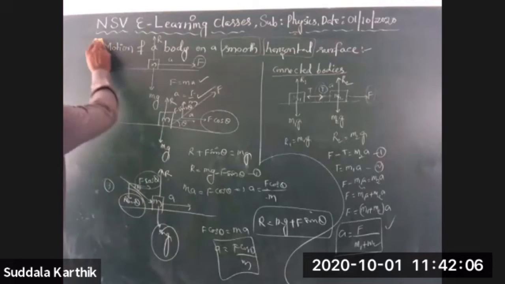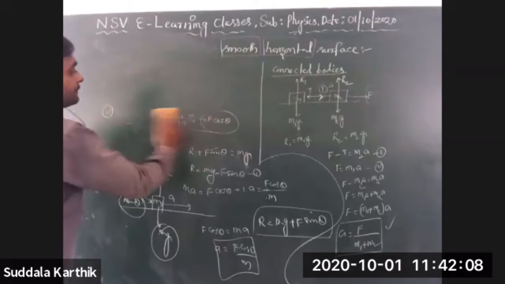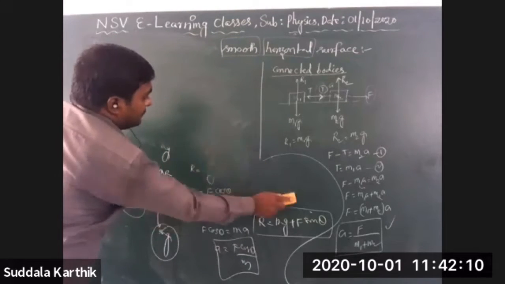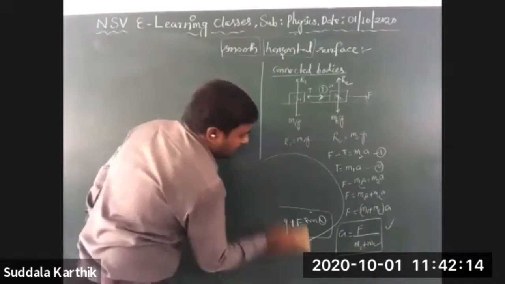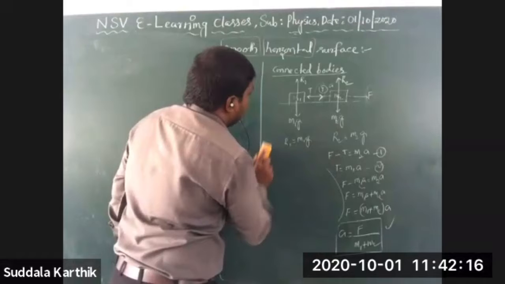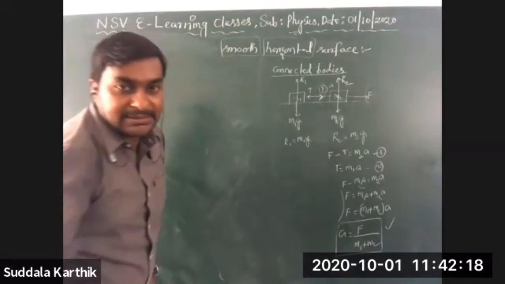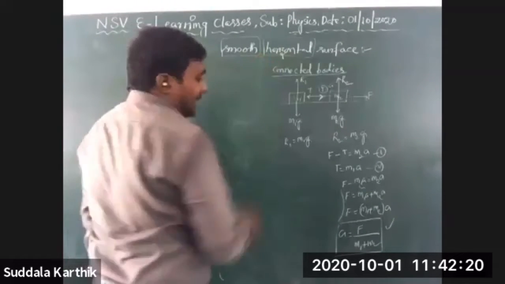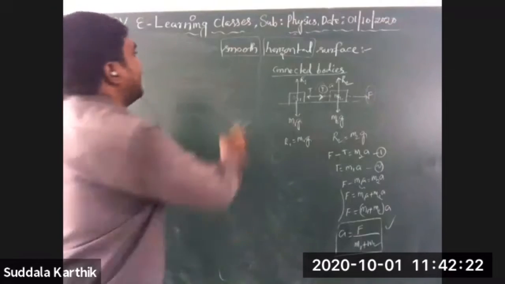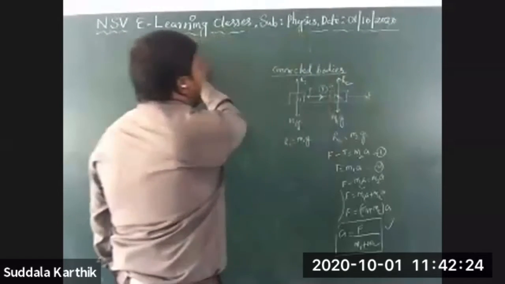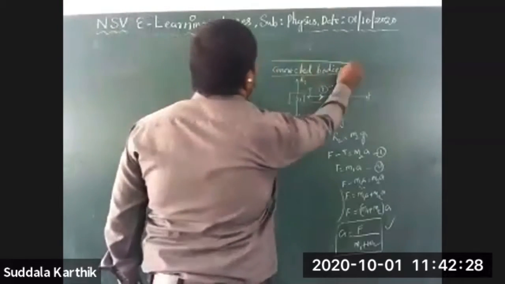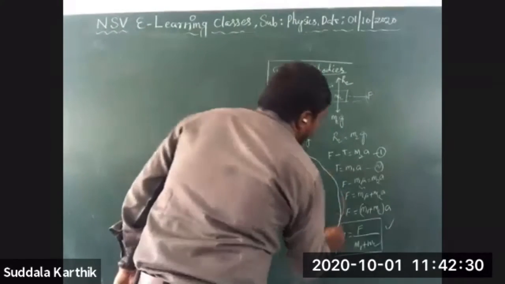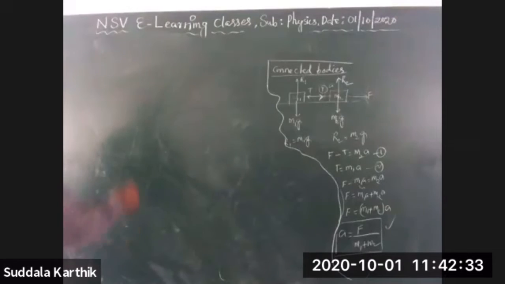The same similar situation is there. There is a possibility to write the common acceleration similarly for three bodies also, but I am just proving that.